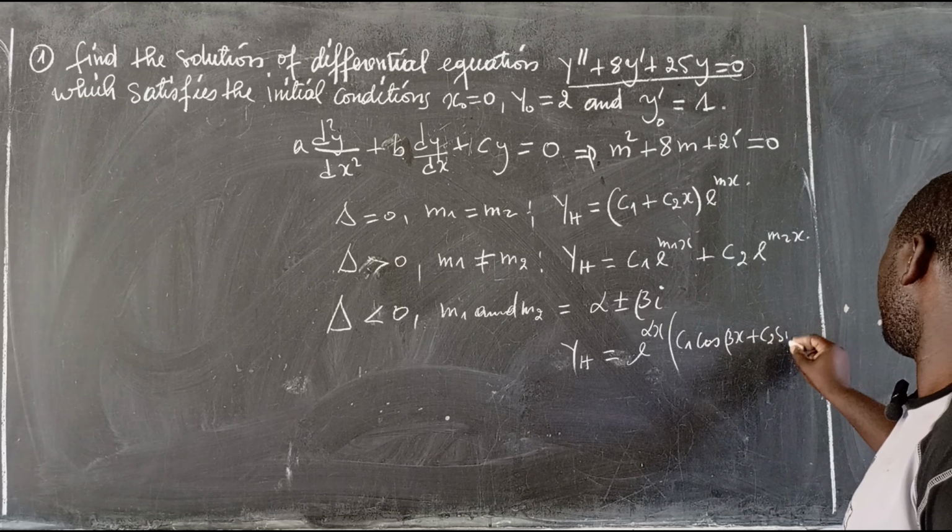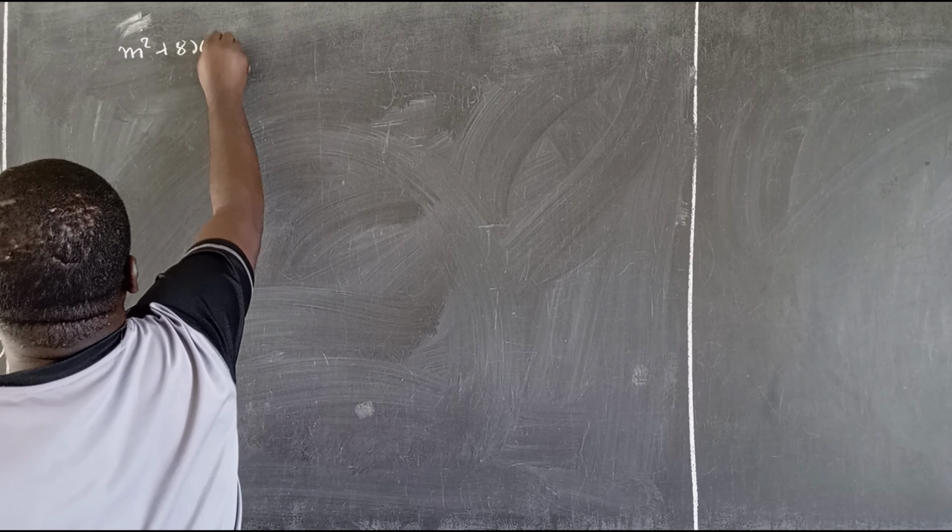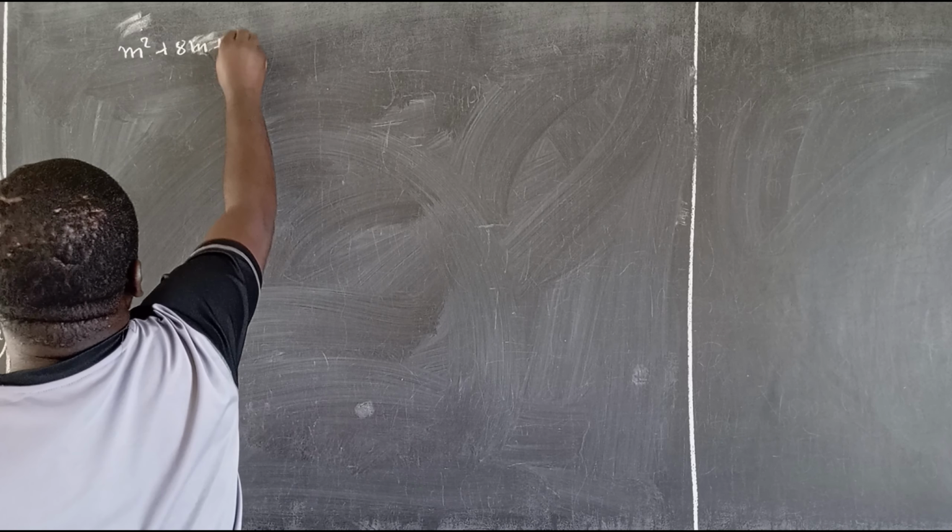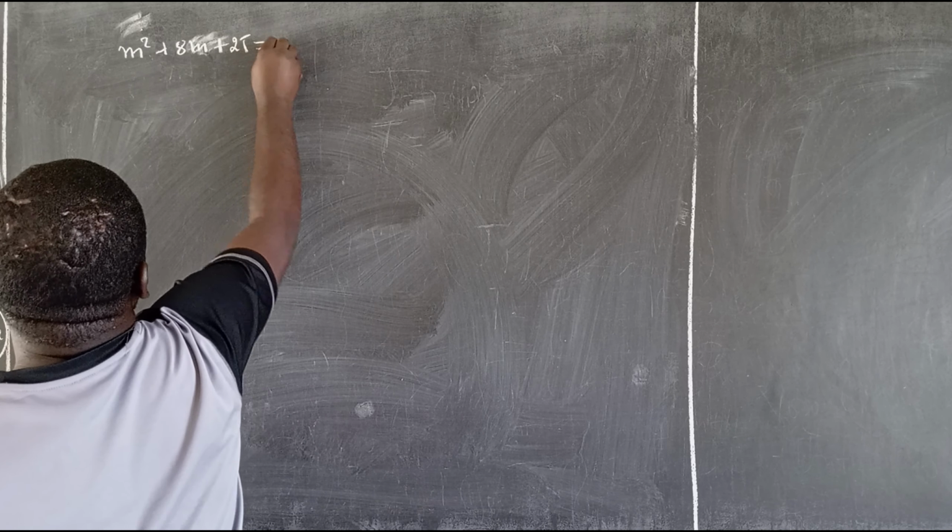We have m squared plus 8m plus 25, which is 0. Let us find the determinant. This is a, b, c.